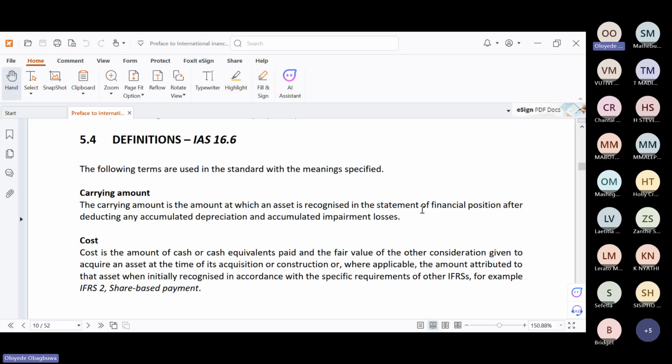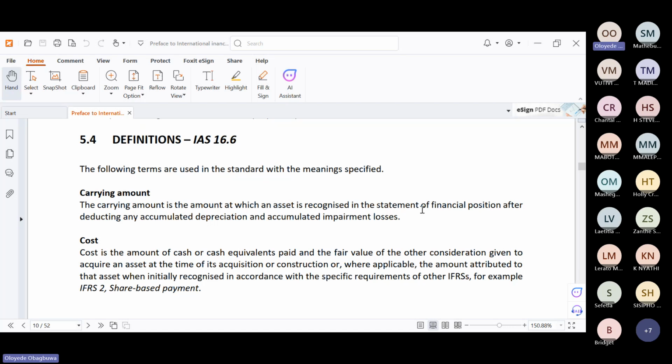Let's look at the following terms as it relates to PPE. We are going to be coming across these terminologies as we discuss this particular topic. We have carrying amount.